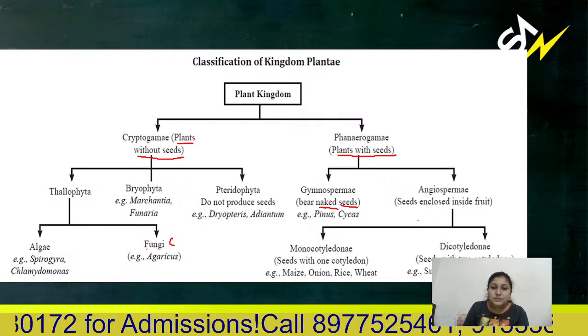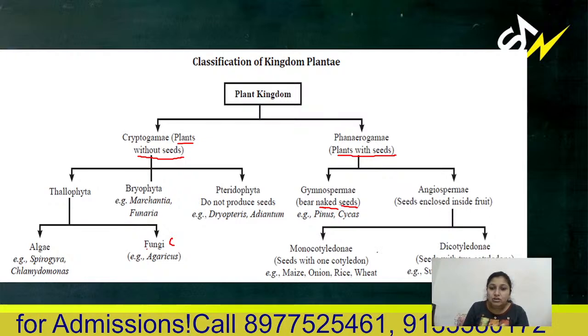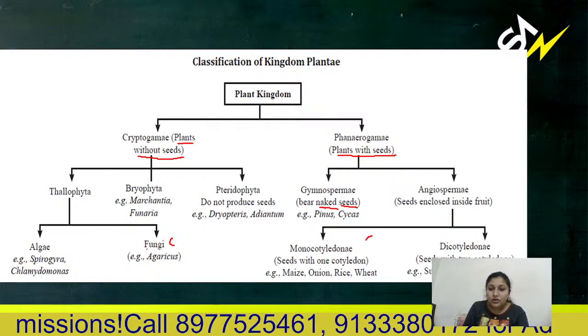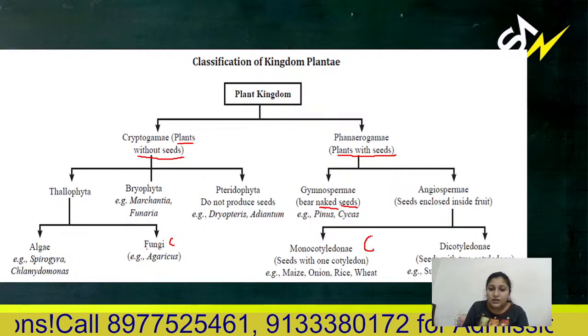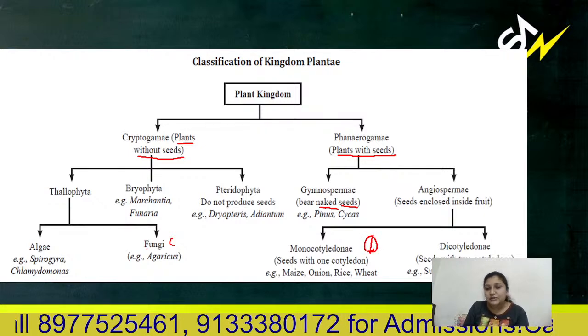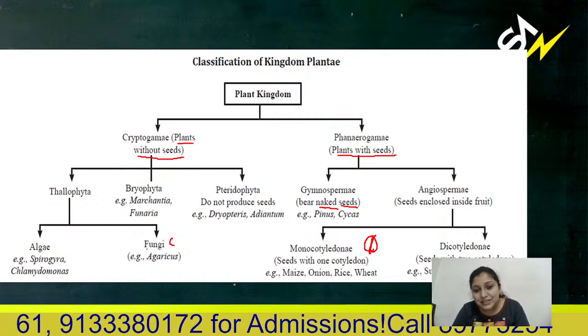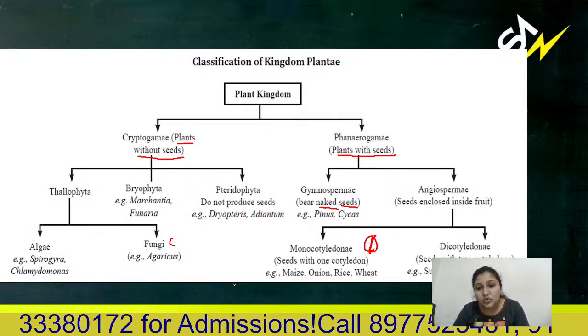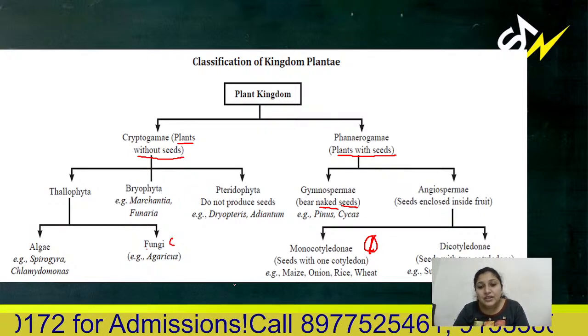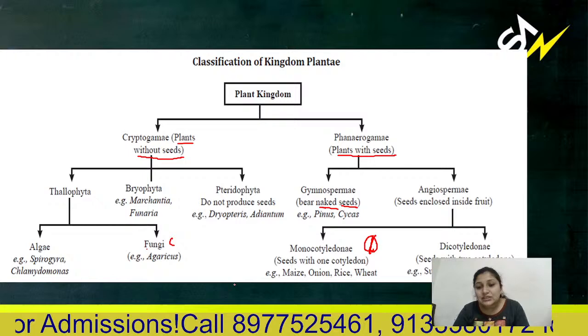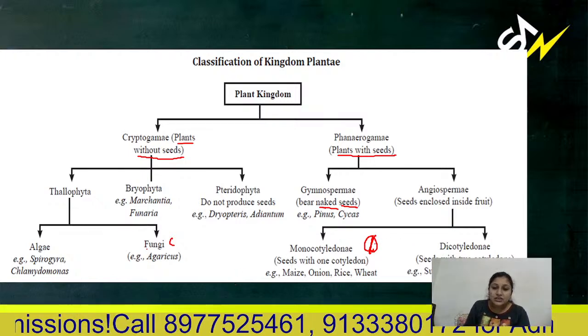Angiosperms are again divided into monocots and dicots, depending on how many cotyledons are present in their seed. If there is one cotyledon in the seed, it is known as monocot, and if there are two cotyledons, it is known as dicot.